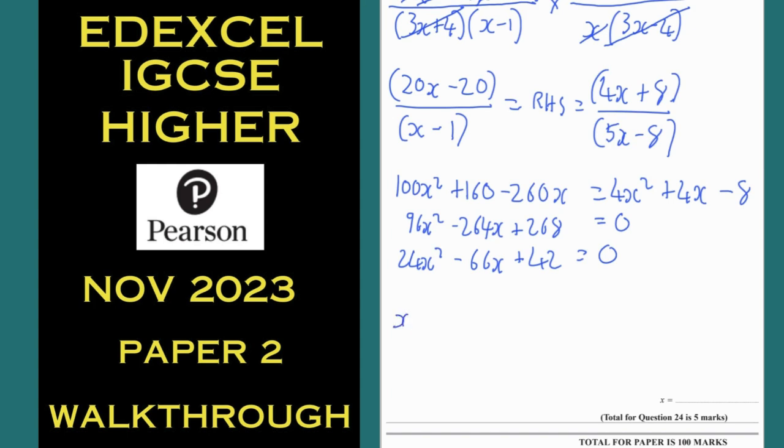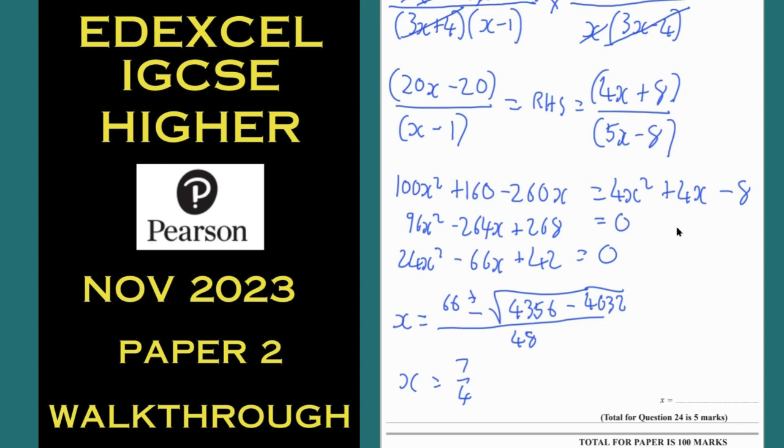So to find my x, it's minus b, plus or minus the square root of b squared, 4,356, minus 4ac, 4,032, all over 2a. And so the two answers I get are 7 over 4 and 1.